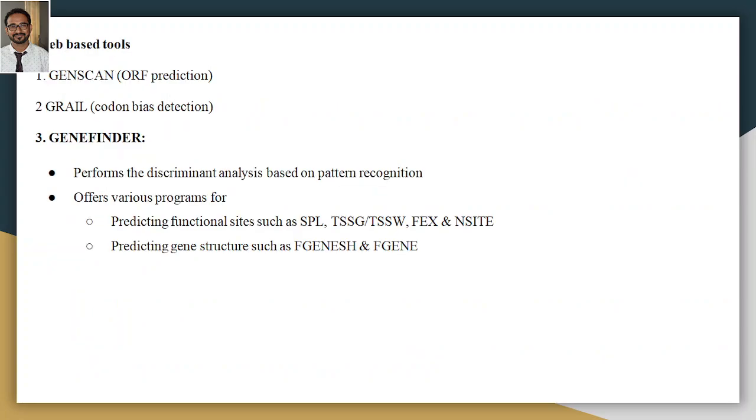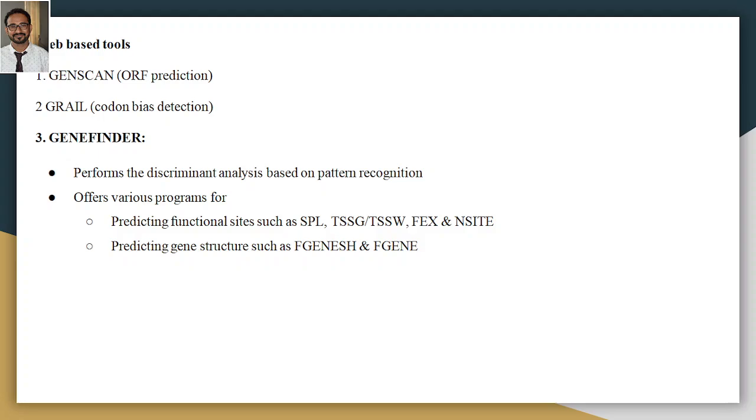Next, with respect to the continuation of the topic, the second small topic is web based tools. GenScan is there, the ORF prediction tool we have discussed. GRAIL, codon bias detection, we will discuss in another major topic. Under that GRAIL will come, I mean codon bias detection as a separate topic. The same answer you can write for GRAIL.